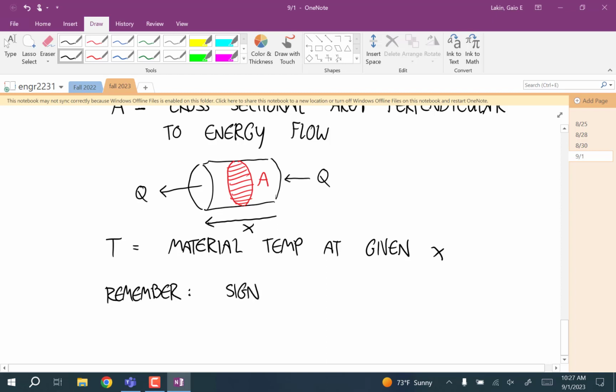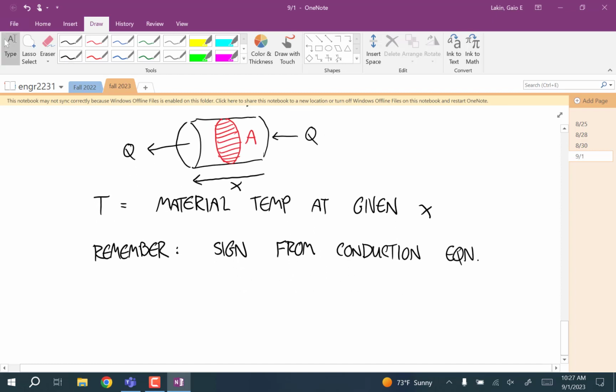The sign that comes out of this conduction equation doesn't have a relationship to the sign convention that we use with the first law.